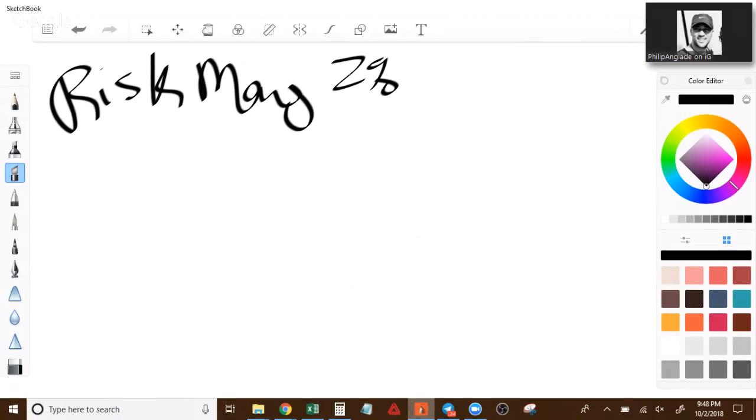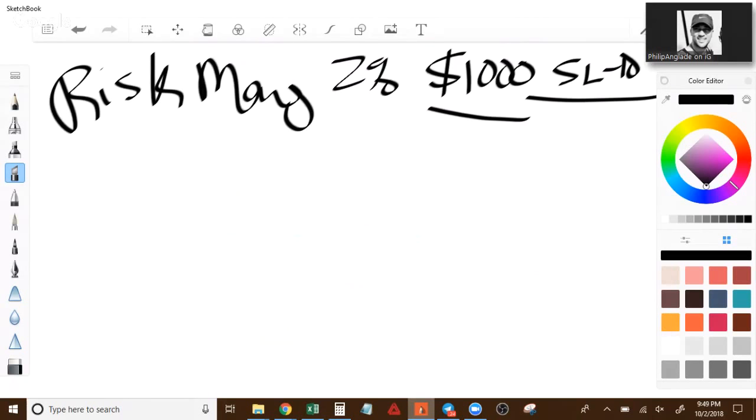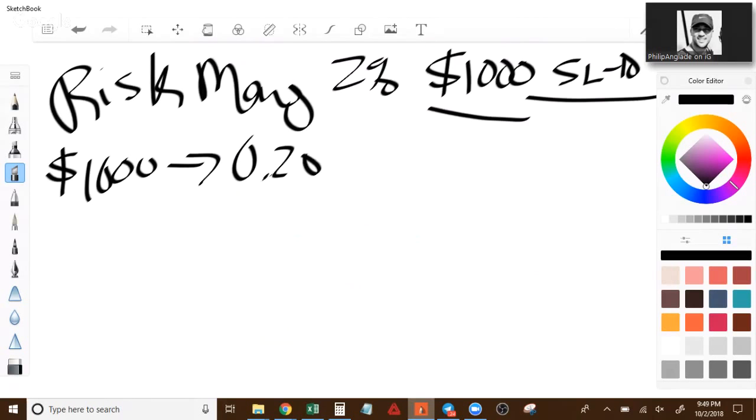So let's just say that you have $1,000 in your account, right? And your stop loss is 10, right? This all matters, okay? 2% of your account size is $1,000, and your stop loss is 10, right? So for every $1,000 that you have in your account, the highest lot size that I would do is a 0.2, okay?